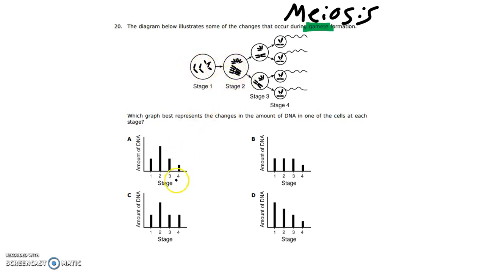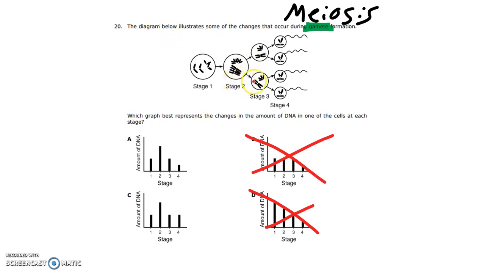And looking at these, from 1 to 2 here, DNA has grown. 1 to 2 here, DNA has grown. But in B and D, from stage 1 to 2, DNA has shrunk or stayed the same. So either one of these I don't like, and these don't work here. So I have this down to either A or C.